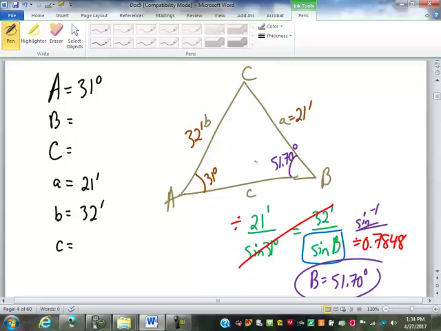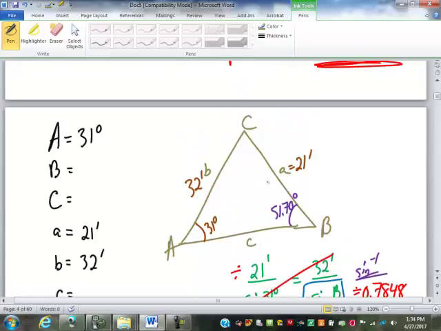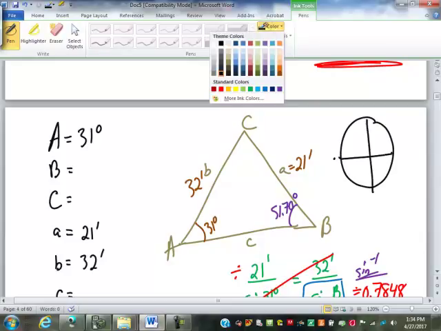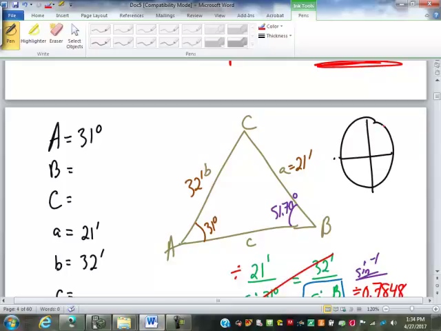But if you recall, back when we did our unit circle for our trig functions, that sine of 0.7848, that's saying this length is 0.7848, right? That gave us that angle here of that 51 degrees.